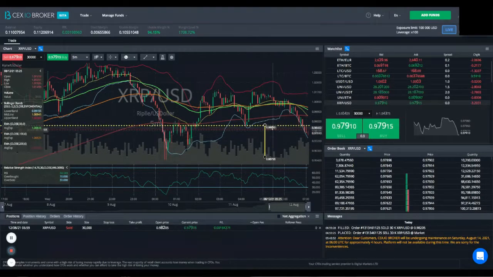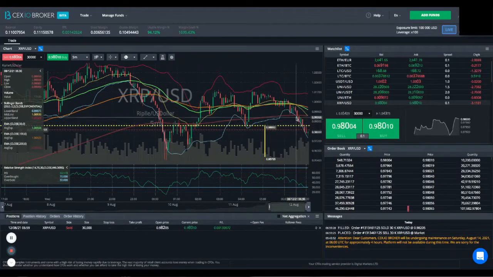In this case, this is a move from 98,650, and look at the confirmation. You've got to wait until you break down first, and then come back up and confirm the resistance. This used to be support because it bounced us up. But now that we've bounced up a few times, we broke beneath it and came back up, and look what happened. We got rejected. That is the confirmation you wait for on this move.